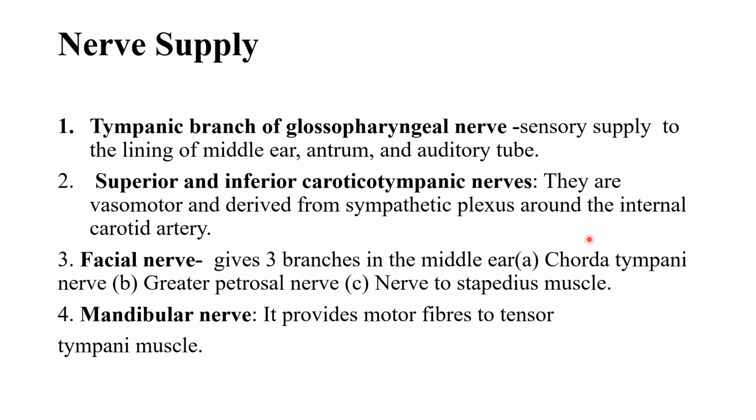Now the next one is the greater petrosal nerve. It will supply the lacrimal, nasal and palatal mucous glands. So the lacrimal glands, because of that tearing happens. It happens due to the nerve supply from the greater petrosal nerve, which is a branch of the facial nerve.